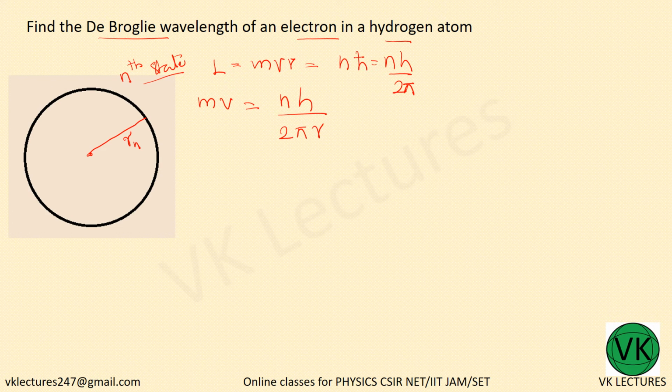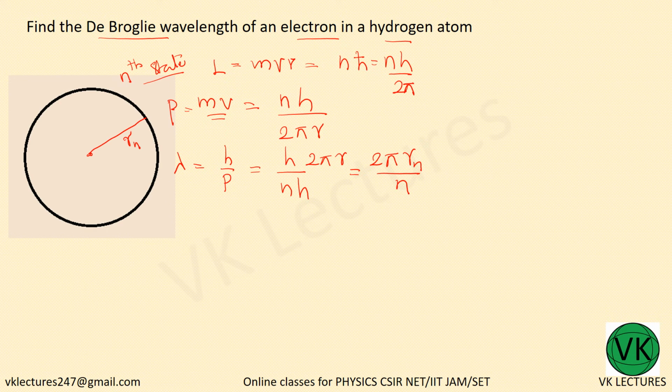Now what is this mv? This is nothing but momentum p. Once you know momentum, we can find lambda. What is lambda? That is equal to h by p. So that is equal to h divided by nh over 2 pi r, so this is nothing but 2 pi r divided by n.